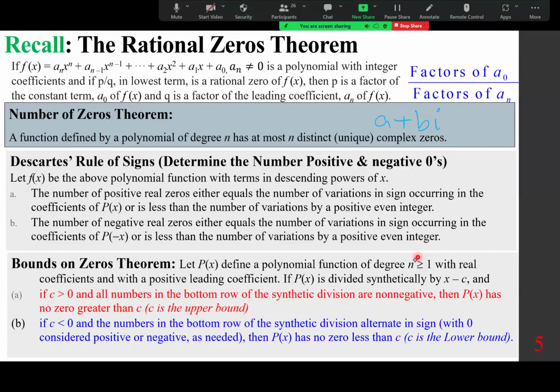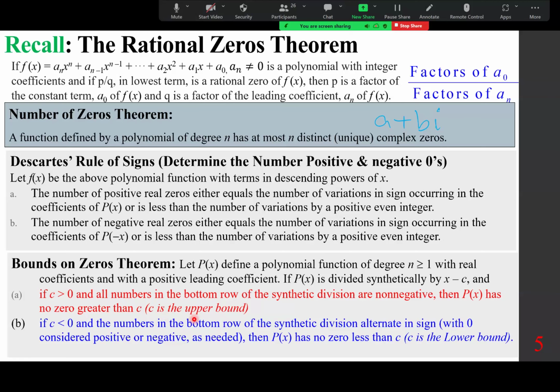Bound on zeros theorem. Let p of x define a polynomial function of degree n greater than or equal to 1 with real coefficients and with positive leading coefficient. If p of x is divided synthetically by x minus c, and if c is larger than 0, and all numbers in the bottom row of the synthetic division are non-negative, then p of x has no zero greater than c.